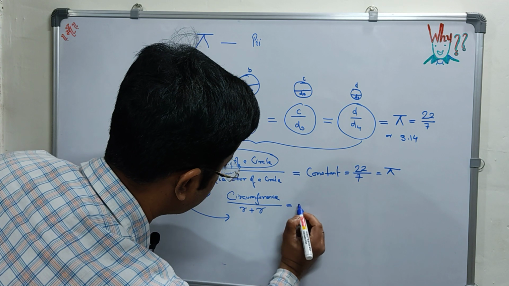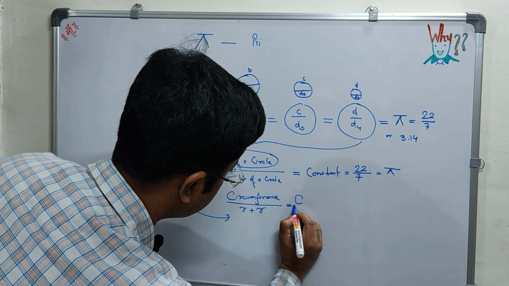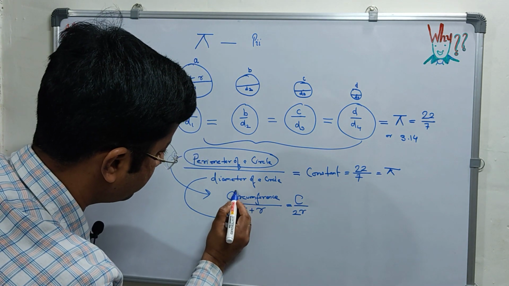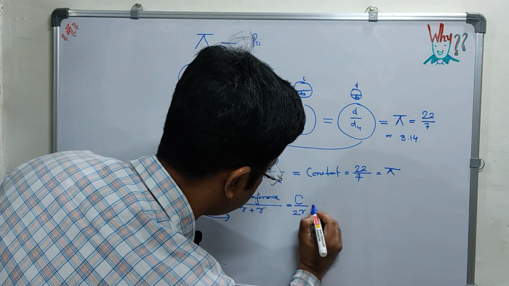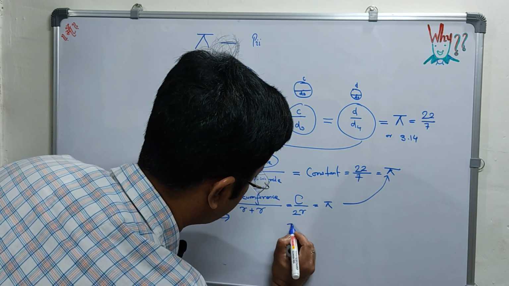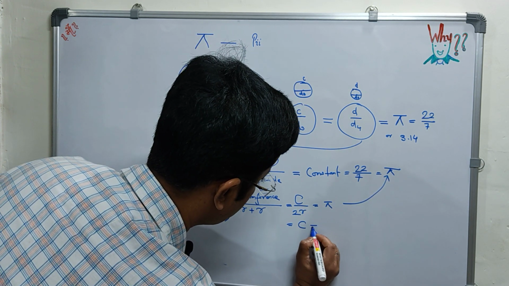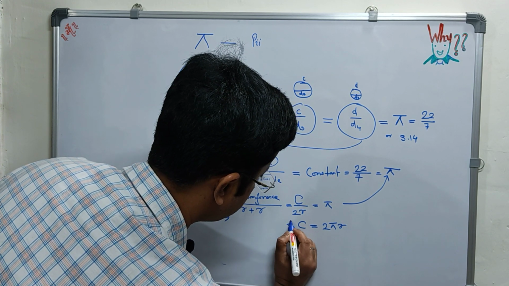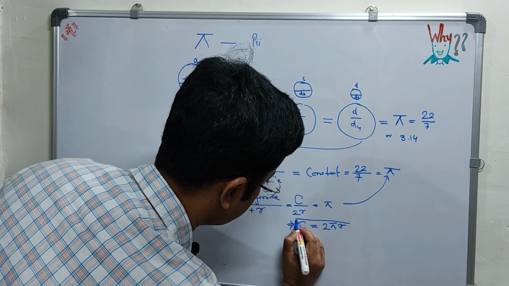Now this again can be written as c upon r plus r, which is 2r. Now this perimeter and diameter ratio is called a constant, which is called pi, which we have right now proved. So from here we got the circumference formula, that is c equals 2 pi r.